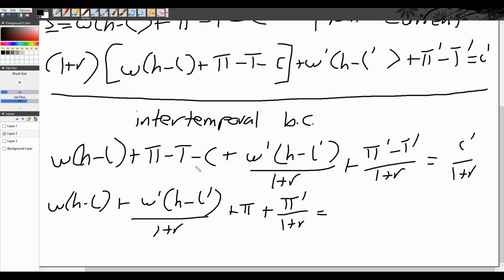So I'm going to move this C, it becomes positive on the right-hand side. And we're going to introduce taxation as well. So tax here. What have I done? Oh no, yeah, all good. So plus T' over 1 plus R.